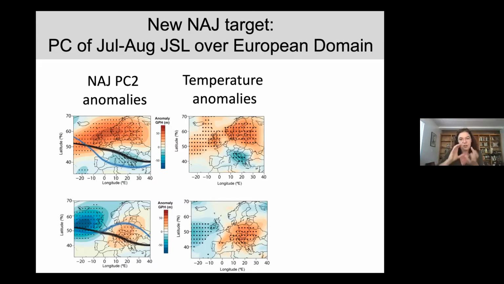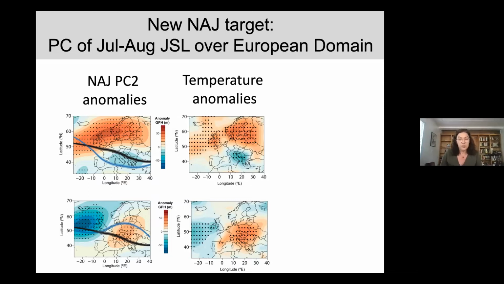The top is positive and the bottom is negative PC2 values. And those are the temperature anomalies related to those extremes of the PC2 of the jet.